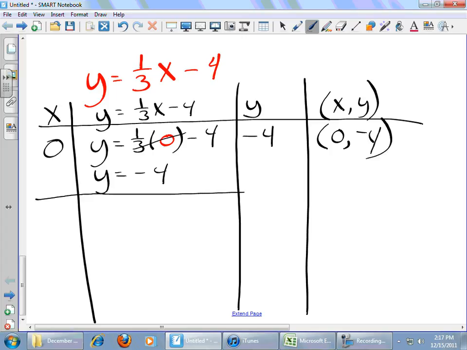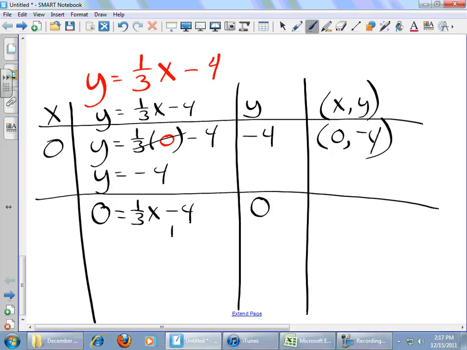All right. Now I love to pick 0 for y. It's usually a really good thing to do. Okay, this one's going to go off the graph a little bit, but that's okay. I'm going to write down 0 equals 1/3 x minus 4. I didn't put the 0 in parentheses because there's nothing else next to it.